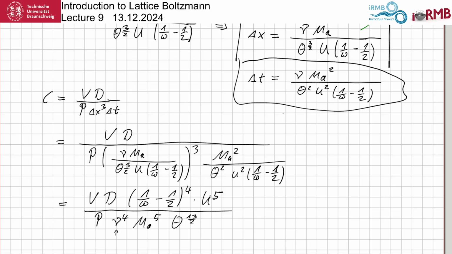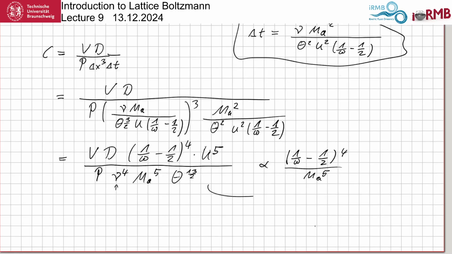If we take out the things that are under our control, that we can choose independently of what we are solving, then what we are left with is we can choose omega and we can choose Mach, which we control.